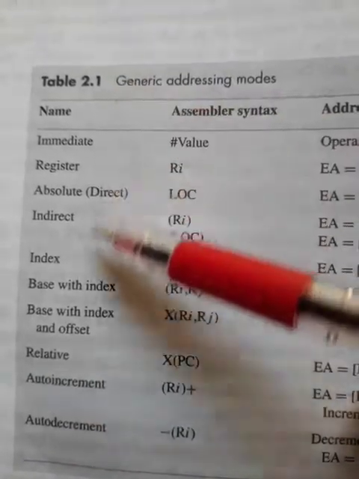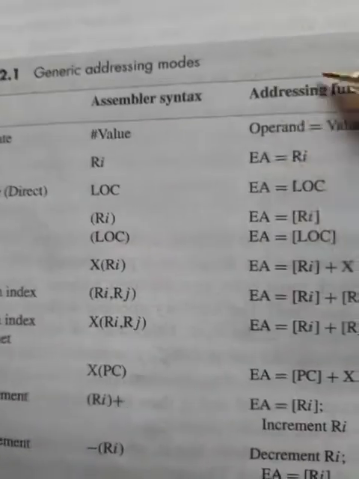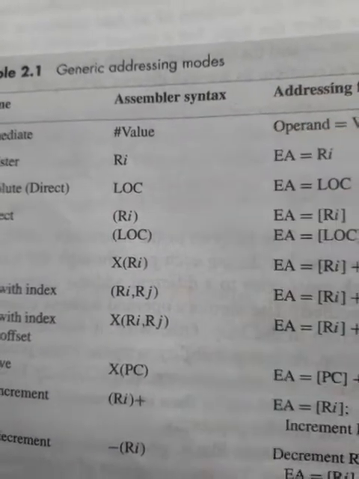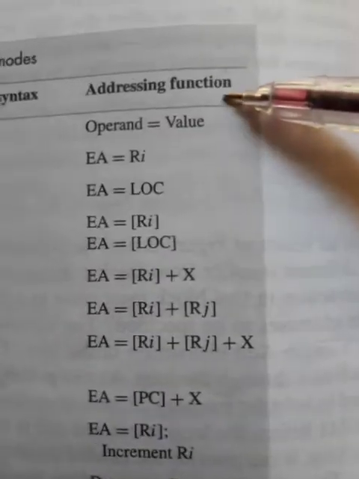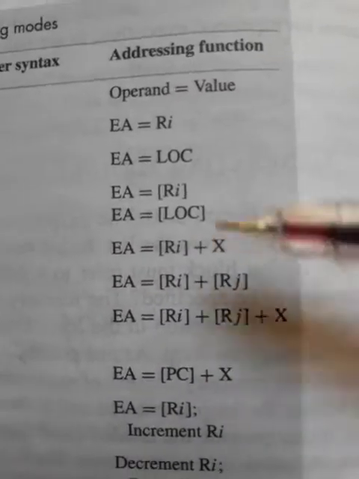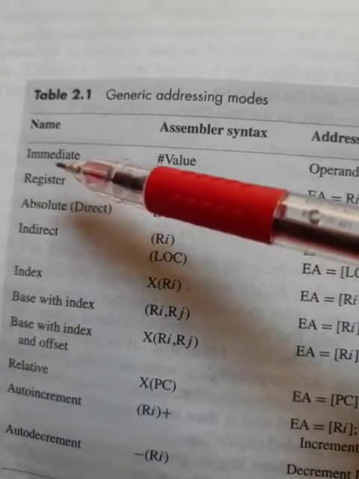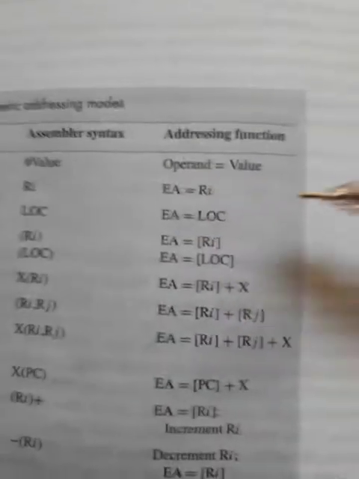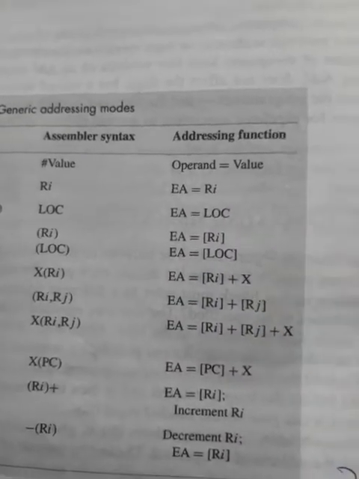These are the different addressing modes, these are the assembler syntaxes, that is, assembly language syntaxes, and these are the addressing functions. For each mode, we will see what assembler syntax is used and what addressing function is performed.